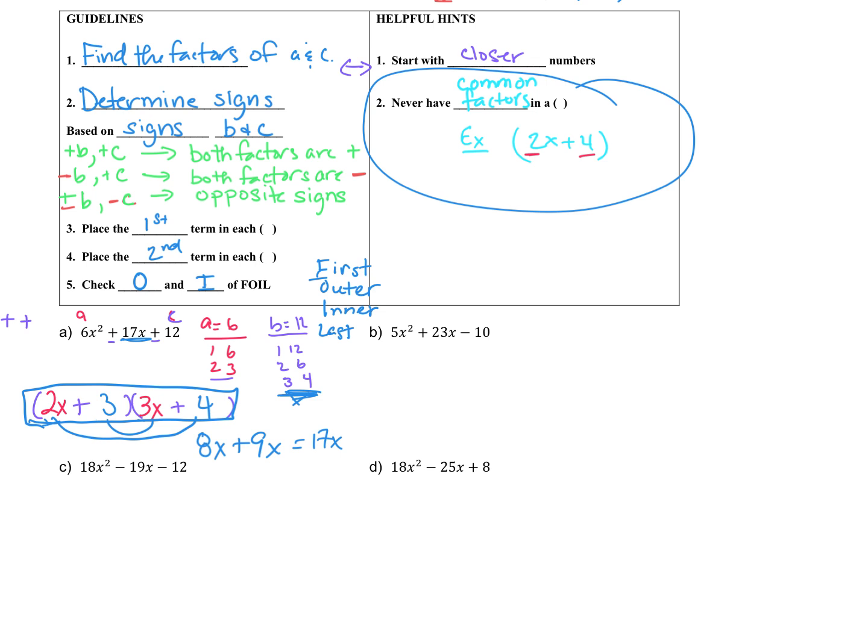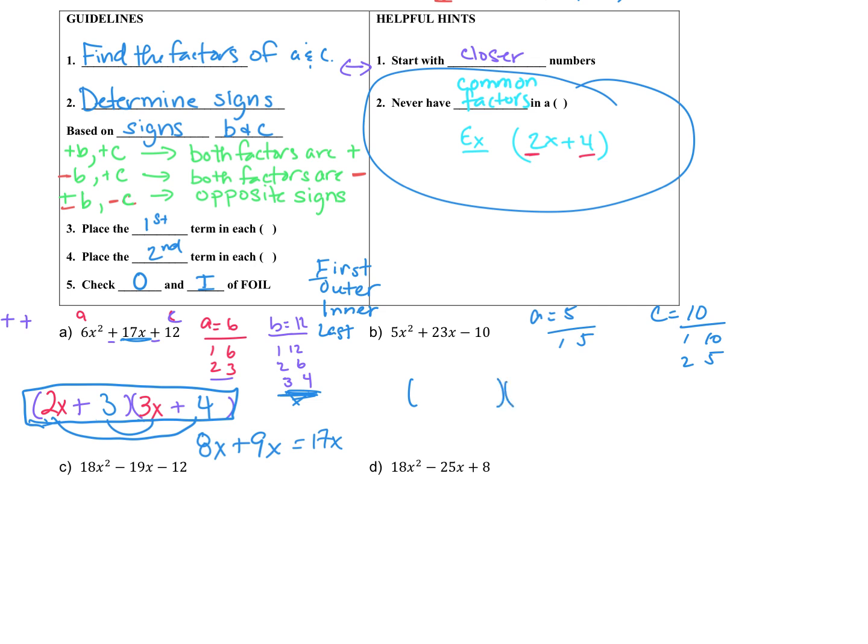Okay, let's try B. A is 5, so 1 times 5, that's the only factors of 5. C is 10, and I have 1 times 10 and 2 times 5. I have a plus and a minus, so my signs are going to be opposite. The thing about it is, where do they go?